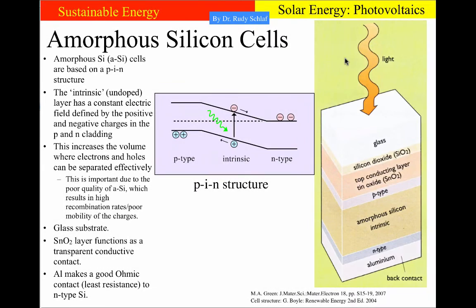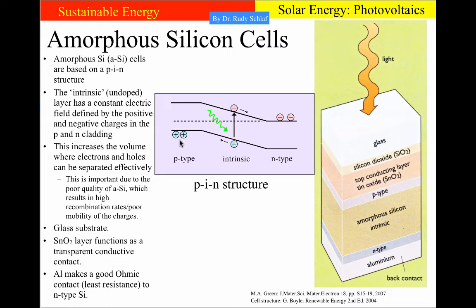Amorphous silicon solar cells use a different device structure than their single crystalline cousins. Instead of a simple p-n junction that is sufficient in single crystalline material to separate the electrons and holes that are generated by the photons, in amorphous silicon we use this pin structure, where an intrinsic silicon layer is sandwiched in between n and p-type materials.